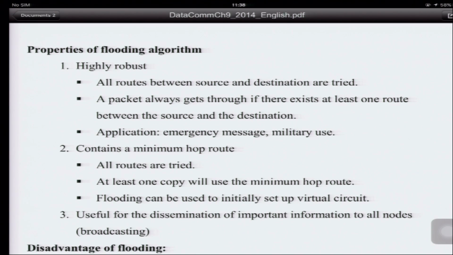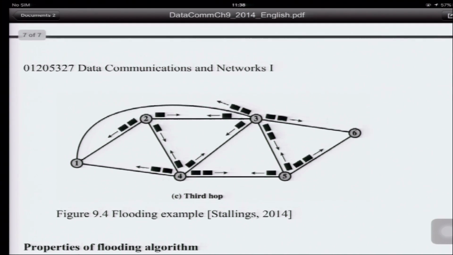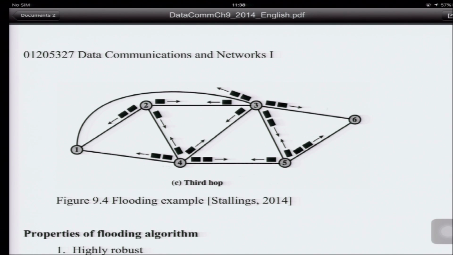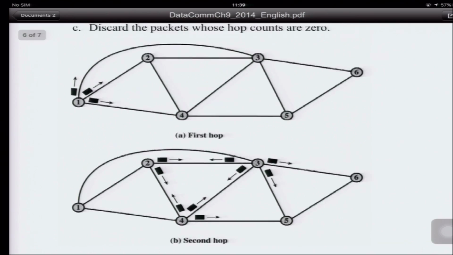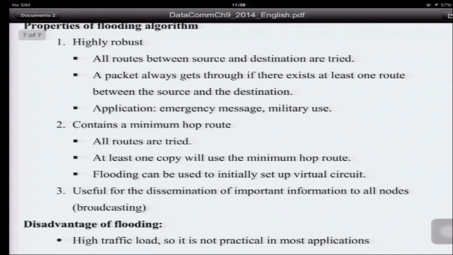Since you try all of the hops, if the destination receives the first packet, the one with the highest hop count left, it means that this is the minimum hop route. For example, if node number 5 has received from 3 and from 4, and you look at the hop count of these packets, the one that has the lowest hop count means that this is the shortest hop route, which can be more than one.